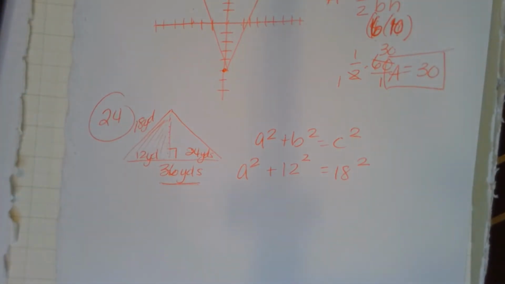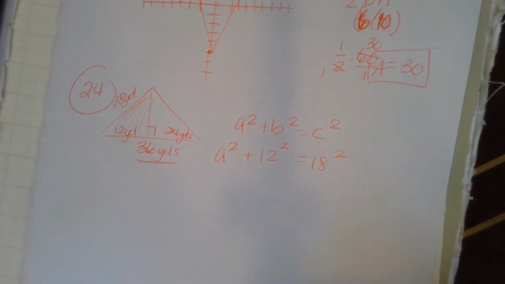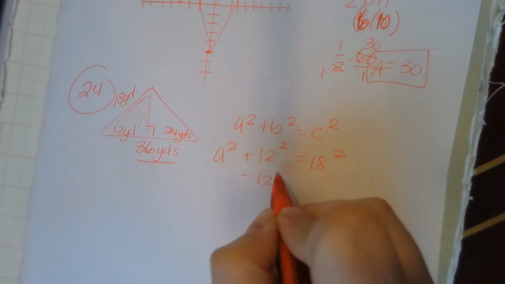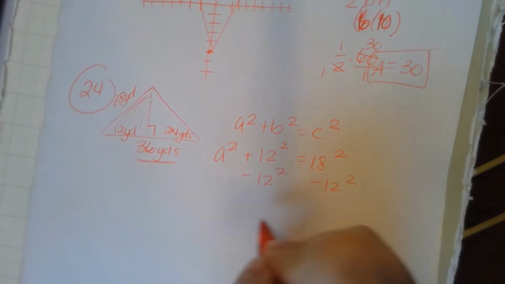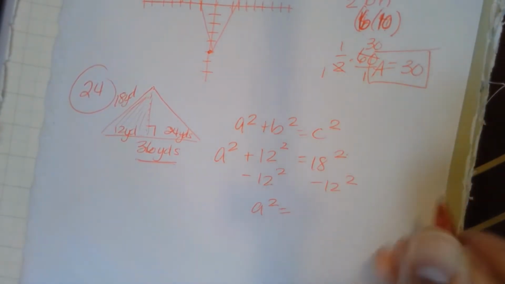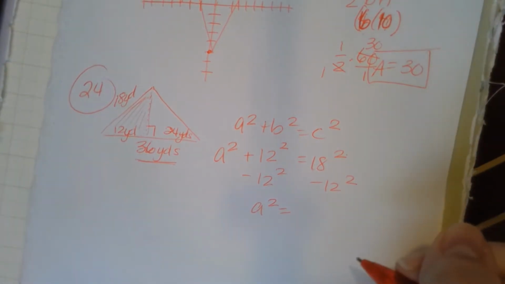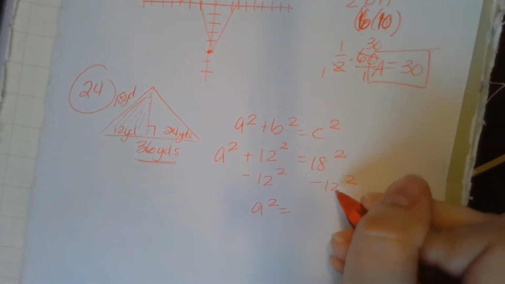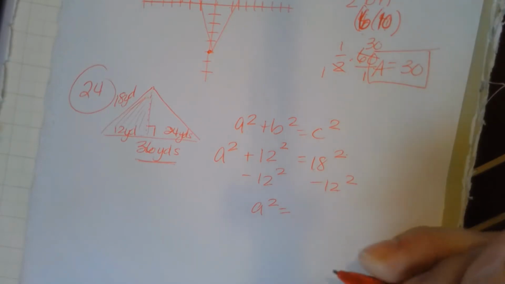So when I start squaring these off, I can start squaring these, but they're going to get really big. So I think what I'm going to do is just move it over. A squared equals 18 squared minus 12 squared.